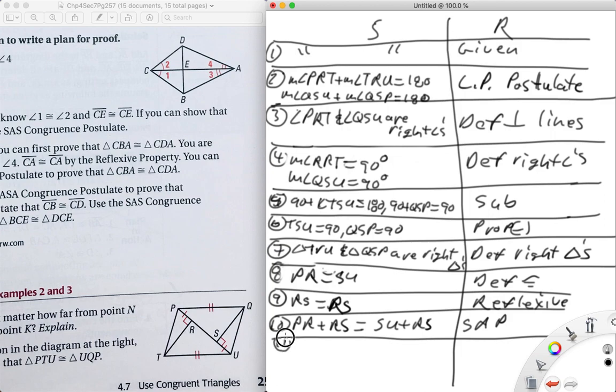I can also say PR plus RS is equal to PS and SU plus RS is equal to RU. This one isn't segment addition postulate, I'm sorry. This is addition property of equality. This is segment addition postulate.